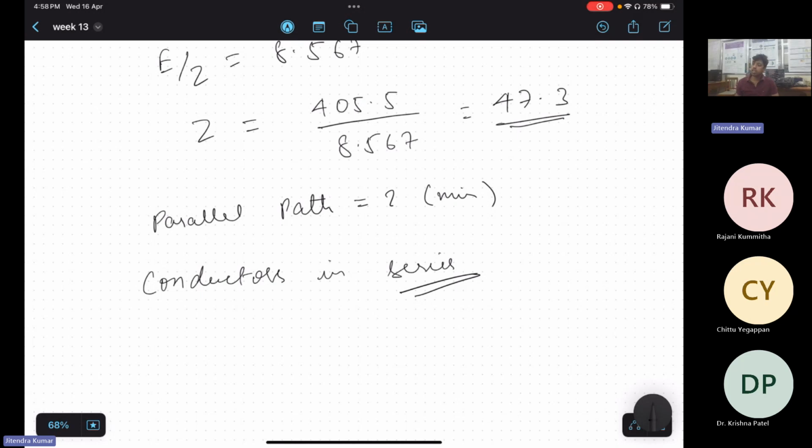Here they did not ask for total conductors. If they asked for total conductors, then it is correct, but they asked for series. Let us see how these series paths are connected.